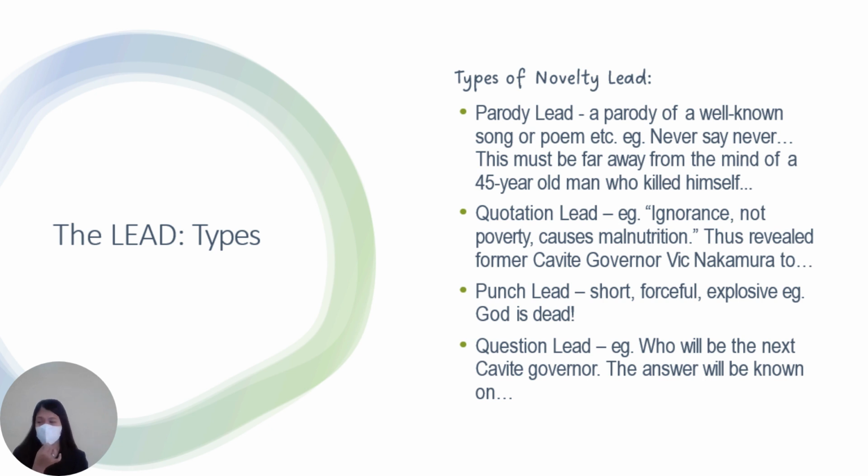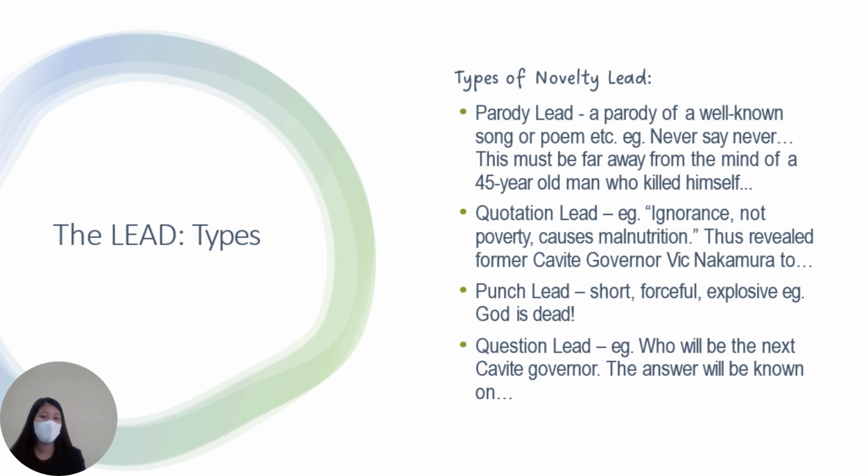This is different from a parody lead because commonly in a quotation lead, it is based on the direct quotes that you have gathered in your interview. While the parody lead, it's already a well-known song or a well-known poem. Let's say, ignorance, not poverty, causes malnutrition. Thus revealed former Cavite Governor Vic Nakamura to the audience.